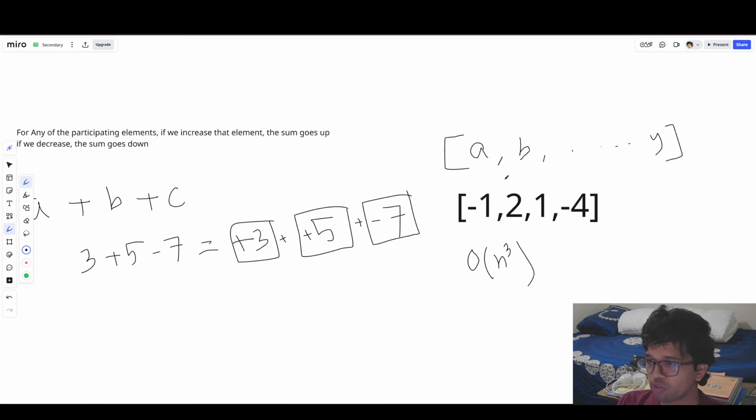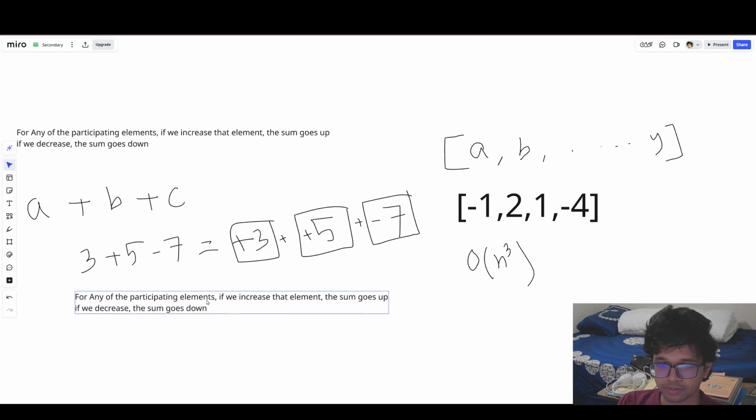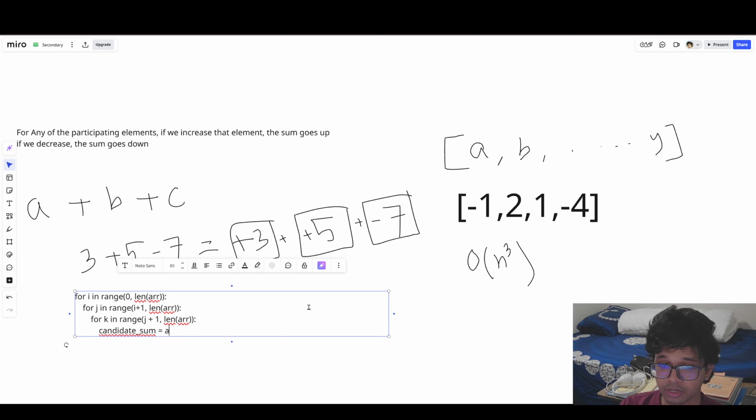Finding a triplet from an array is O(n cubed), and the algorithm is roughly like this. Let's say this is our array. For i in range, I'm doing Python, for j in range i plus 1, the index after i, and then for k after that, this is our candidate sum.